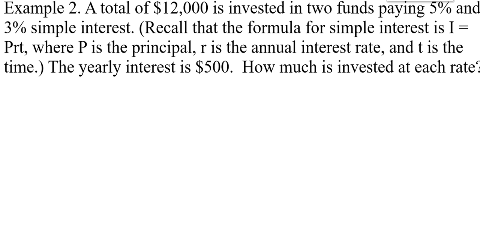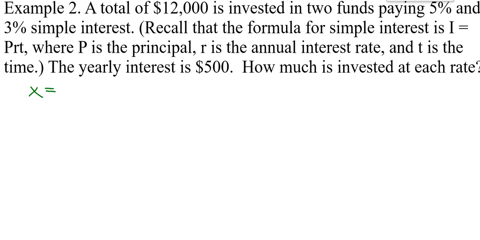So here the challenge is to come up with your two equations. It says how much is invested at each rate. Do you agree we have two rates, right? So two amounts that we're trying to find.